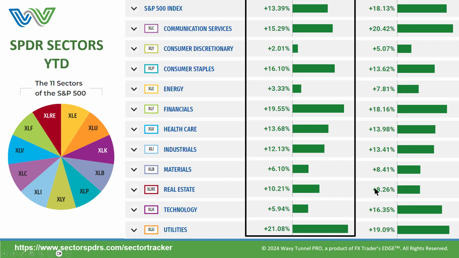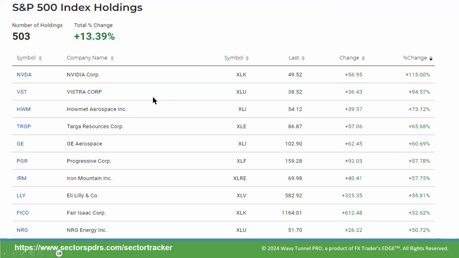But for a good part of the year, real estate suffered. It was -5%, -4%. So I look at this to get a handle on what all of the different sectors are doing. And the other thing that I do that we're going to look at is you can see what all the top stocks are in the S&P 500, and I have that here.